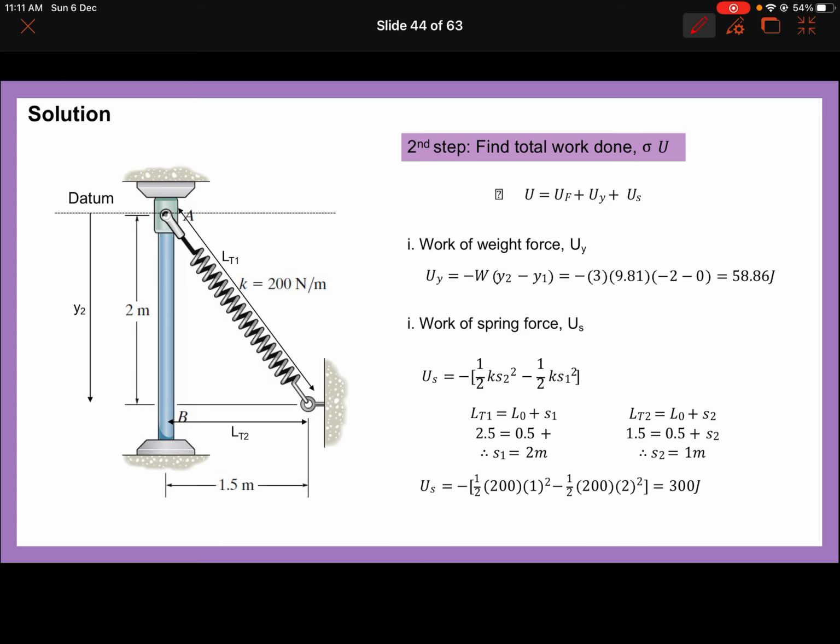Next, second step, find the total work done. Work done from 1 to 2 is UF plus Uw plus Us, and there is no applied force, so UF is equal to 0. So we find the work of the weight force, Uw, equal to negative W times Y2 minus Y1, so mg times Y2, which is negative 2, minus 0.